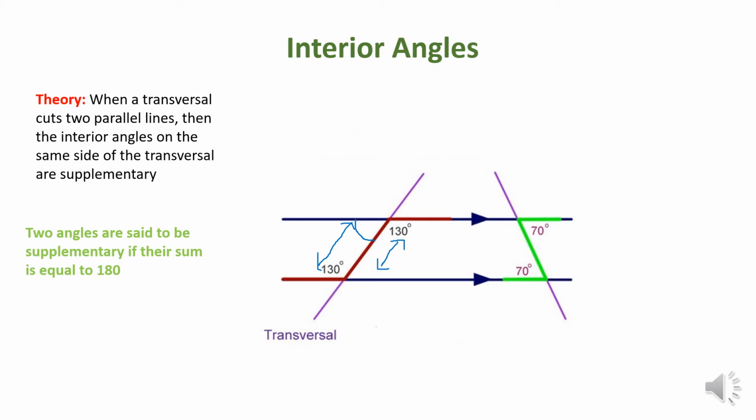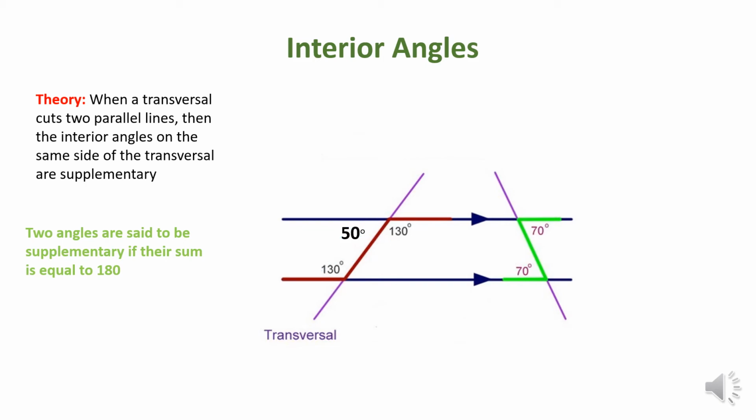So if I was given this angle here was 130, what will be this angle here? This angle here would be 50 degrees. Why? Because I learned now that the interior angles here are supplementary. Their sum is equal to 180 degrees.